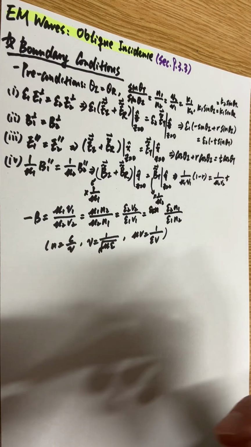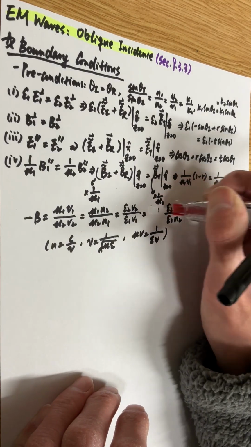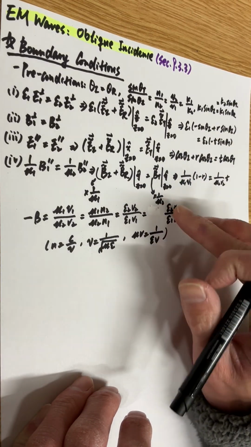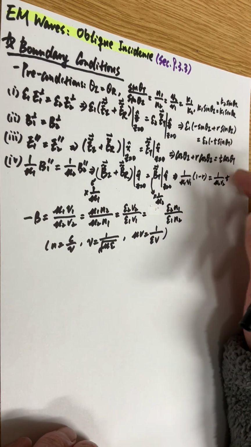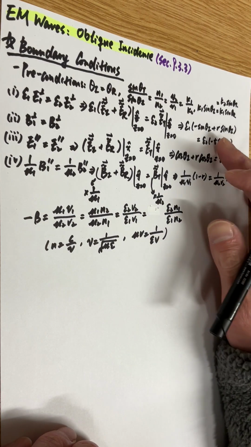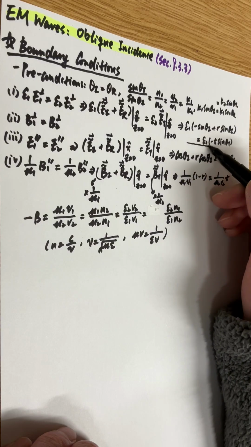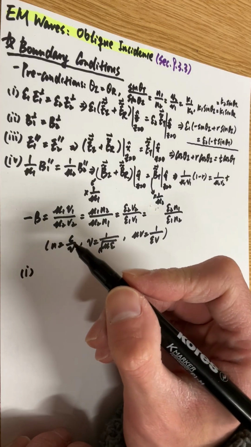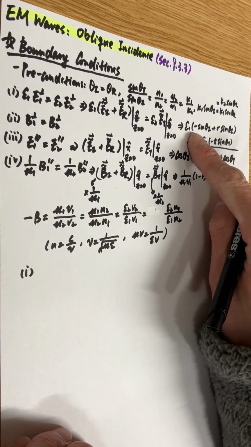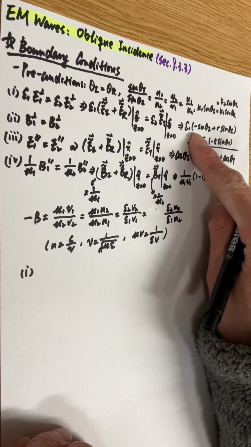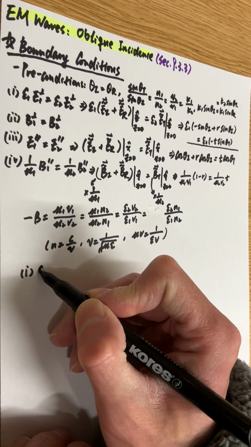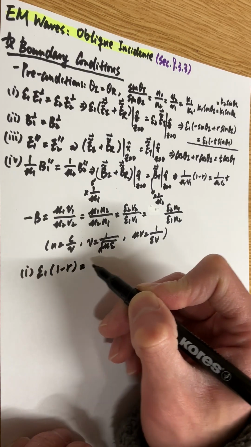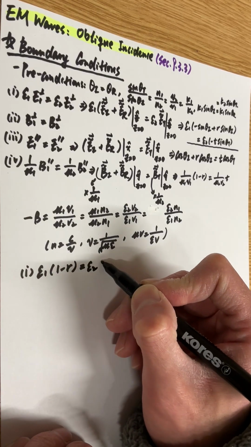to look at and summarize all the boundary conditions. So for the first boundary condition, we have epsilon 1 minus r equals epsilon 2 t.